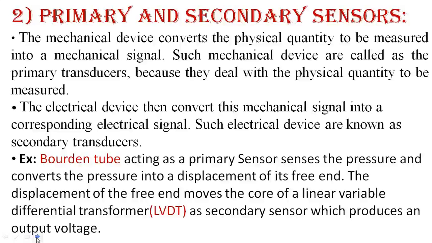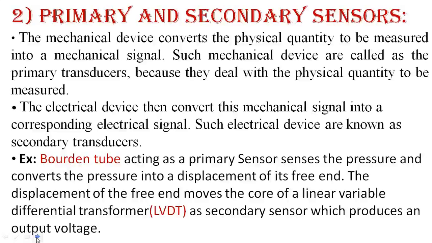It depends on the working function, that is, primary and secondary. A mechanical device converts the physical quantity to be measured into a mechanical signal. Such mechanical devices are called primary transducers because they deal with the physical quantity to be measured.